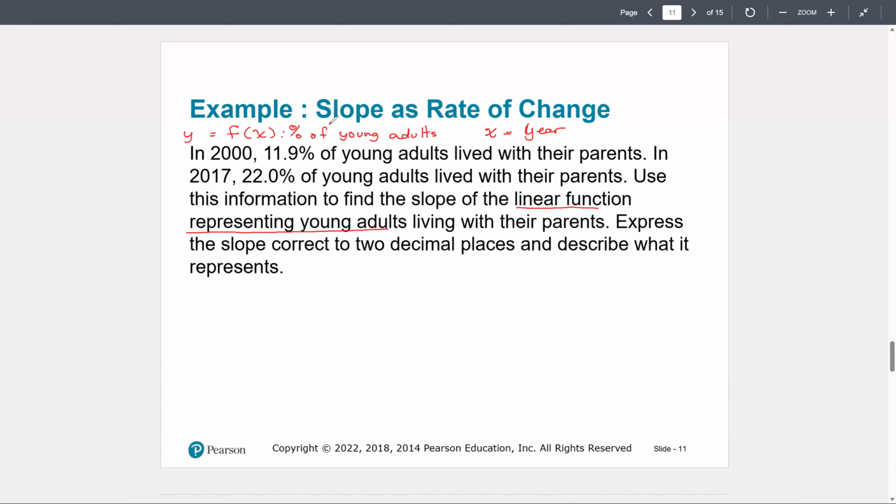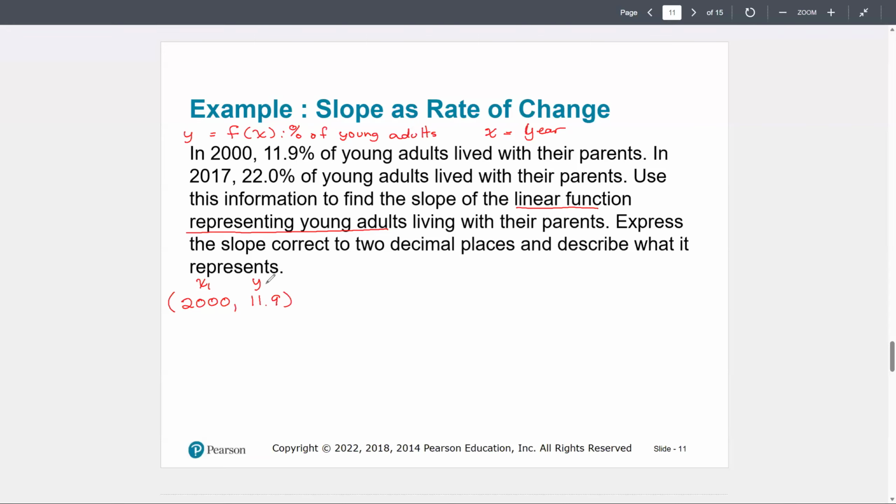So remember, y's are just the percentage of young adults. We have an ordered pair where the year 2000 is my x, and the y that goes with it is the percentage of young adults living with their parents, so 11.9%.